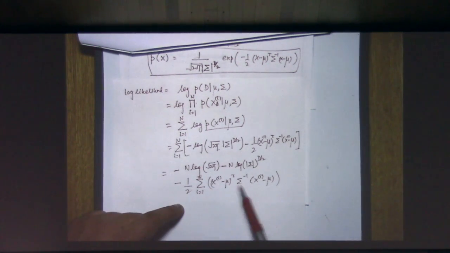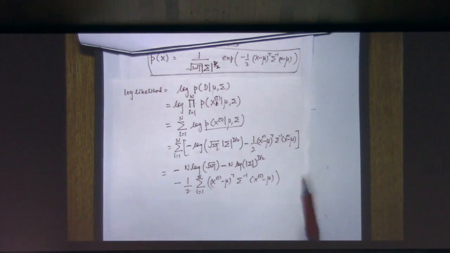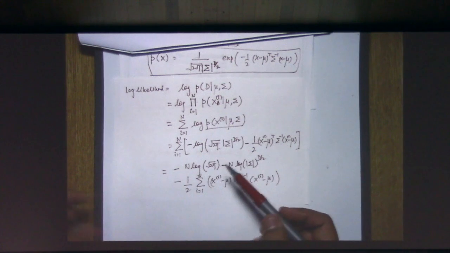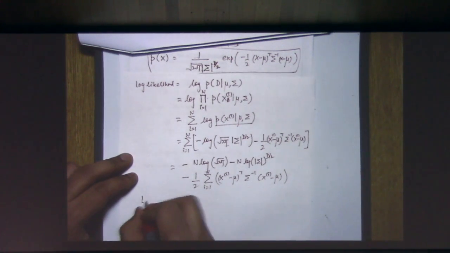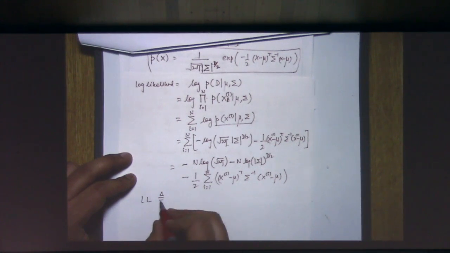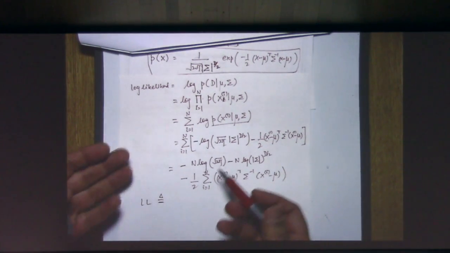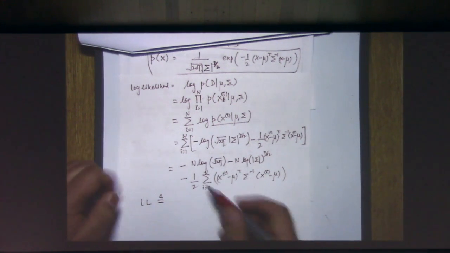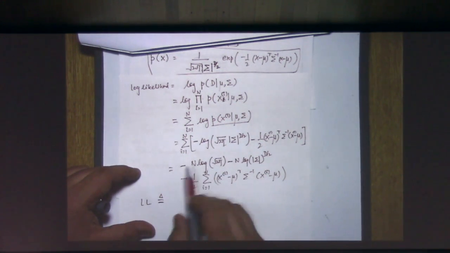Now remember, we are going to differentiate this because we want to compute the value of mu and sigma for which this thing is maximized, right? If you look at it, this part is a constant, so we can ignore that. So we will just say that my LL is same as, it's not equal to, but we don't have to keep these values, because when you take the derivative, these will disappear, right?